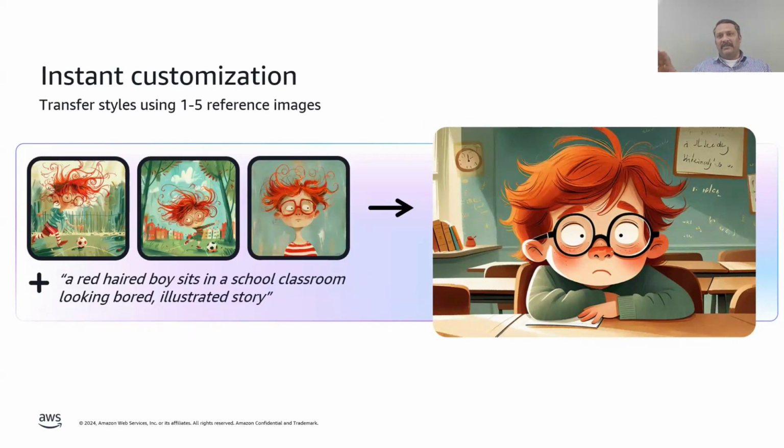So the new image on the right hand side that you see here perfectly matches the artistic style of the reference images. The main advantage here is that it is super fast, and the style transfer happens without any need of model fine tuning.